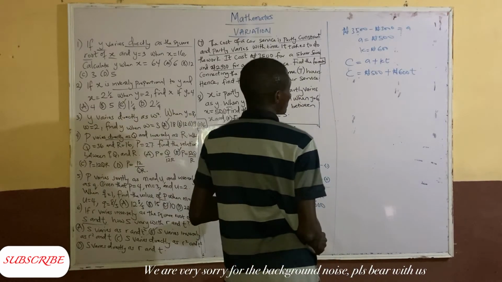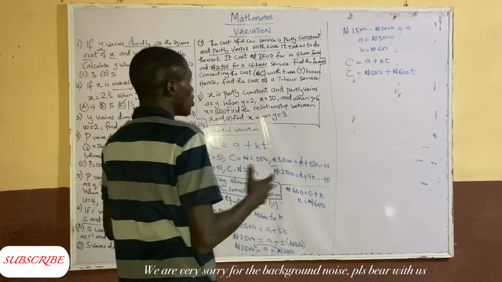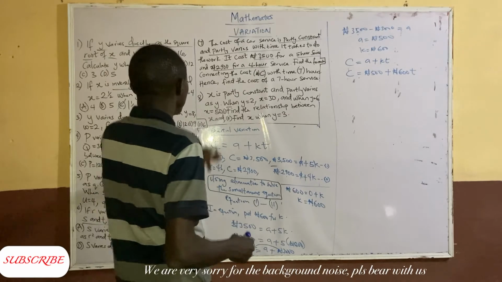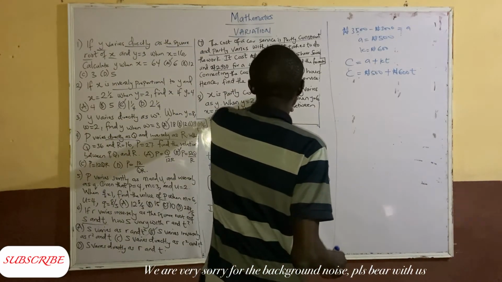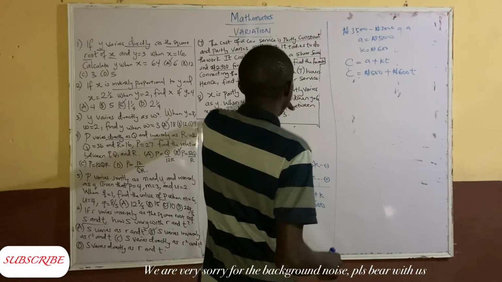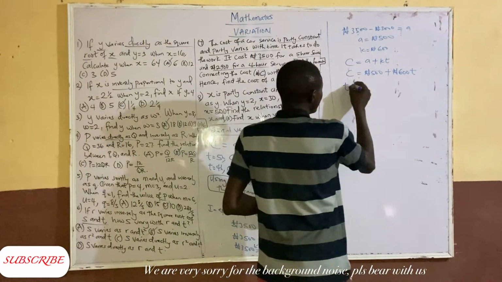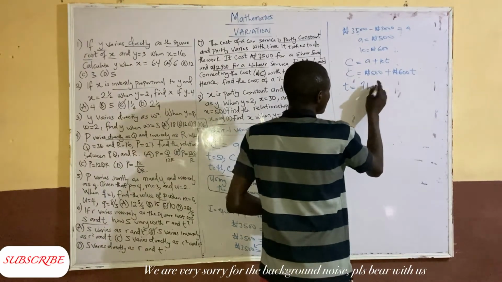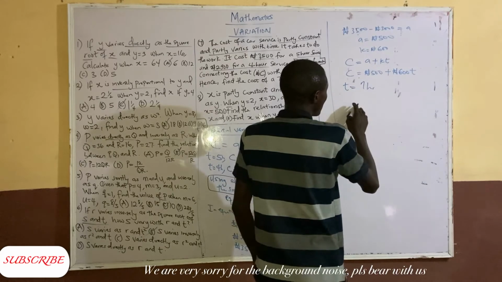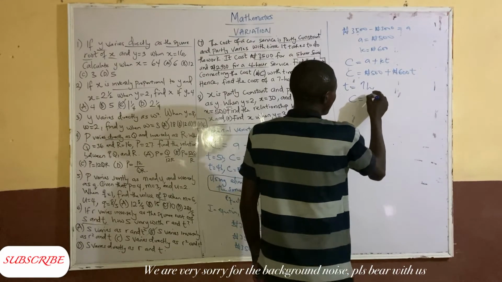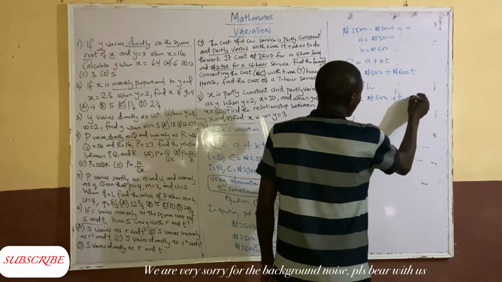That's the formula connecting the cost price and the time together. Then find the cost of 7 hours service. So when T equals 7 hours, we have C equals 500 naira plus 600 naira into bracket 7.